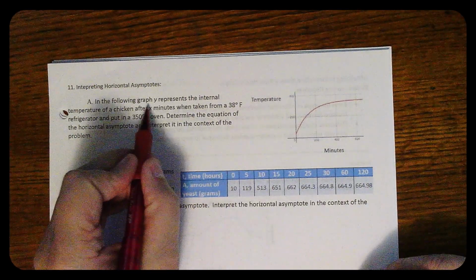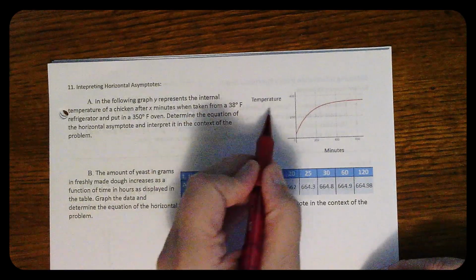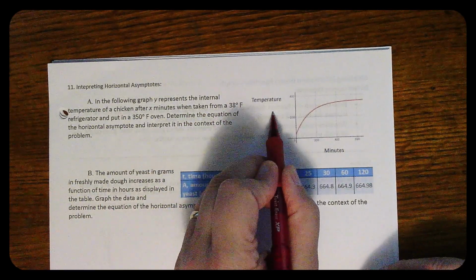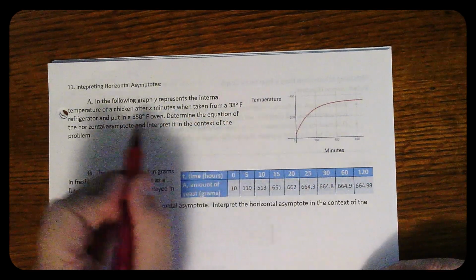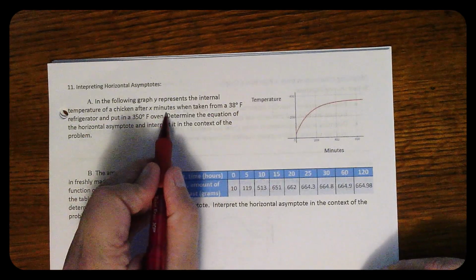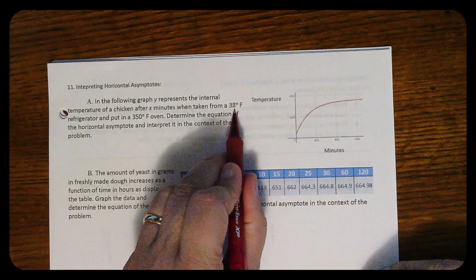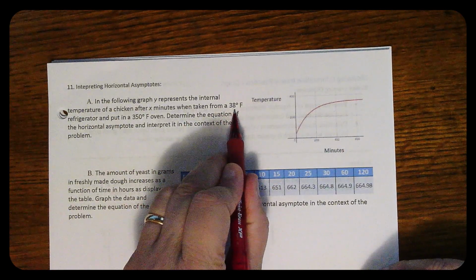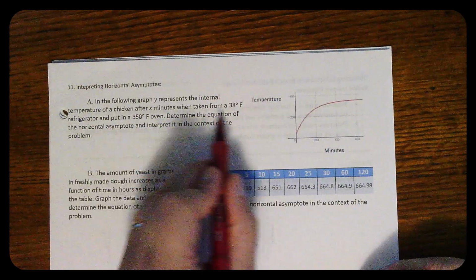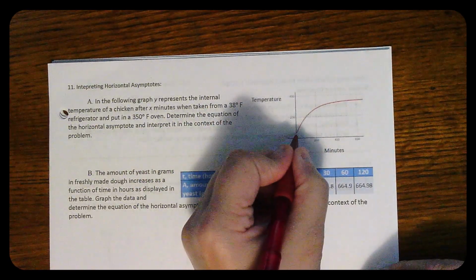So in the following graph, y represents the internal temperature of a chicken that you put in the oven after x minutes. You're taking it from the refrigerator at 38 degrees Fahrenheit. Since the refrigerator is 38 degrees Fahrenheit, so is the chicken.